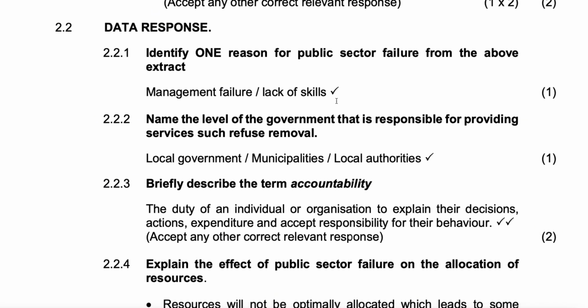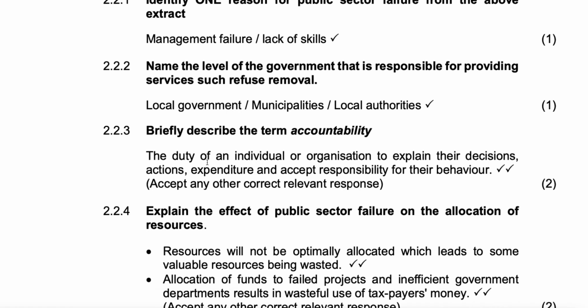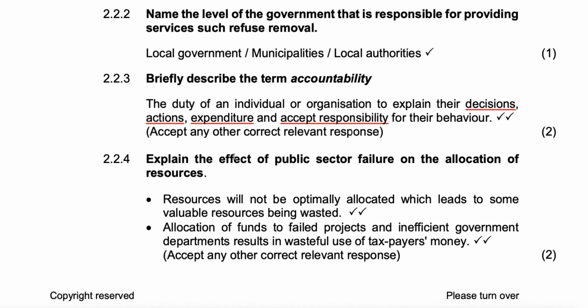Okay, so our data response here, we said management failure. Name the level: it is the local government. And then briefly describe the term accountability. We said the duty of an individual or organization to explain their decisions, their actions, and expenditure, how you used money, and being able to accept responsibility for their behavior. So basically that.